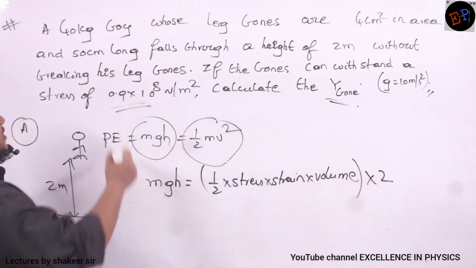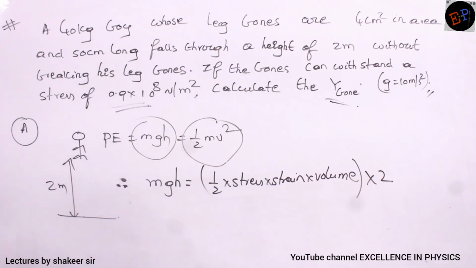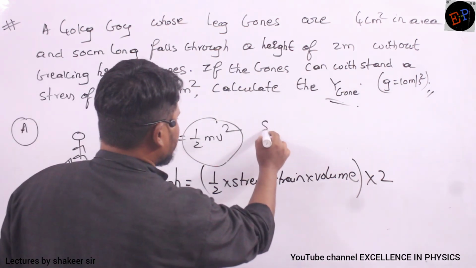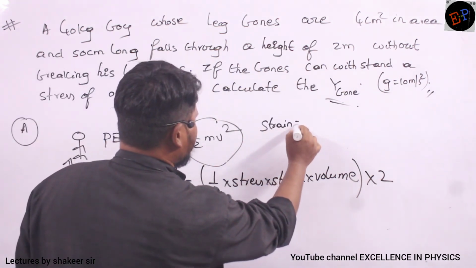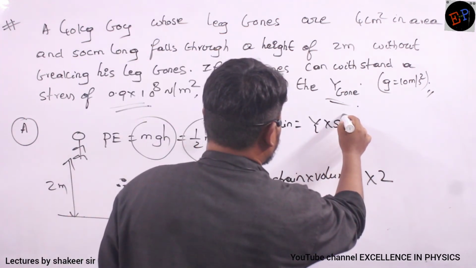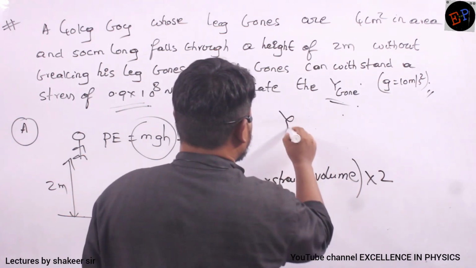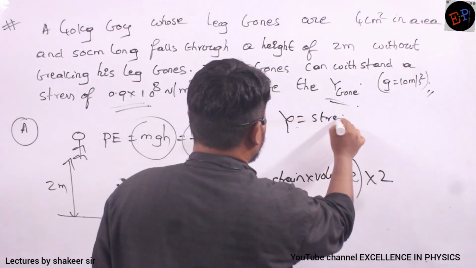But the problem is that here only stress and Young's modulus are given. So therefore, strain, how can I write? Young's modulus is equal to stress by strain, no?